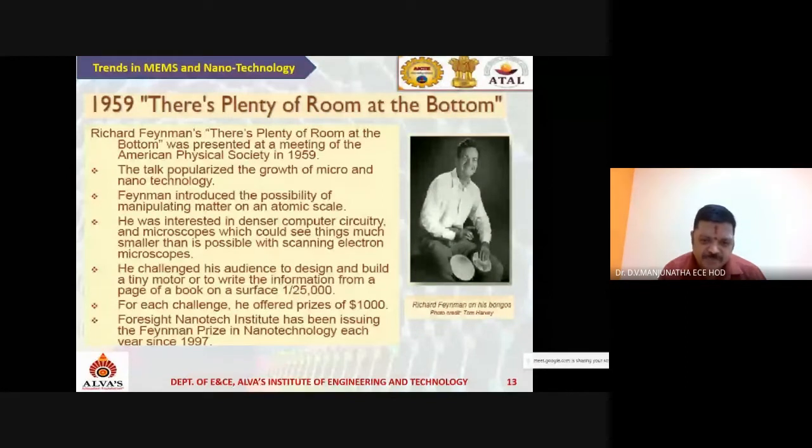For each challenge, he offered a prize of $1,000. The Foresight Nanotechnology Institute has been issuing a Feynman Prize in nanotechnology each year since 1997. So this is the history of MEMS and NEMS.